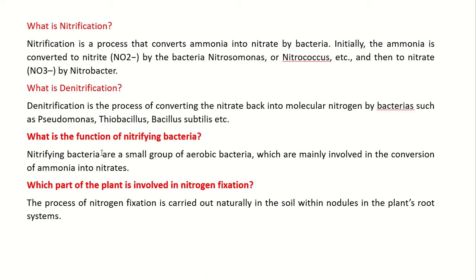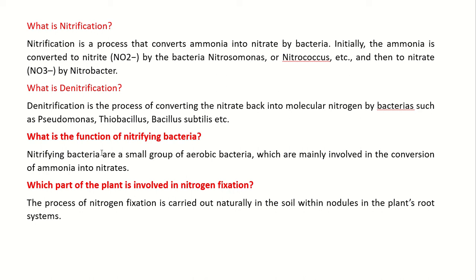As you know, NH3 ammonia converts into nitrite first, then nitrate. So it requires two types of bacteria. So nitrification is the process that converts ammonia into nitrate by two species of bacteria.